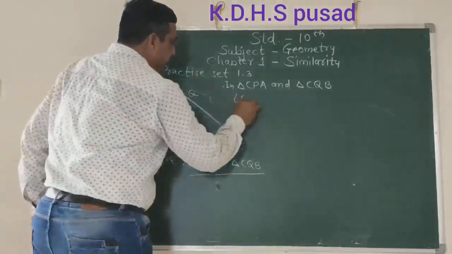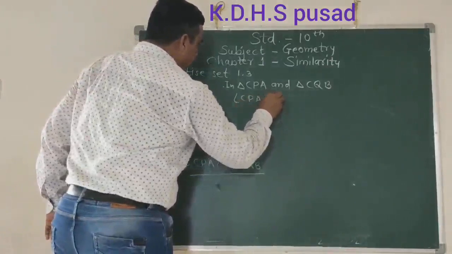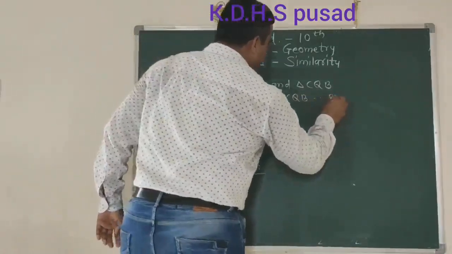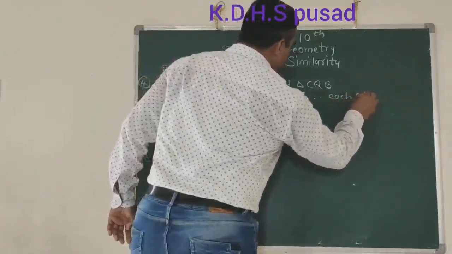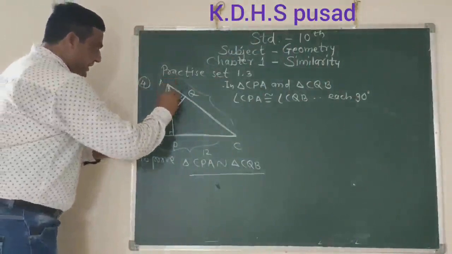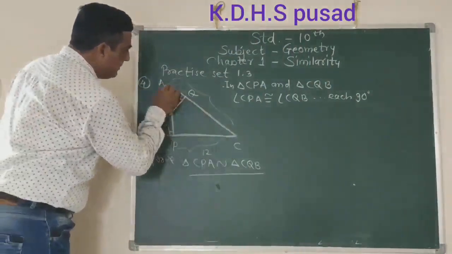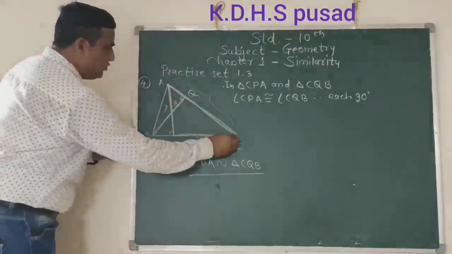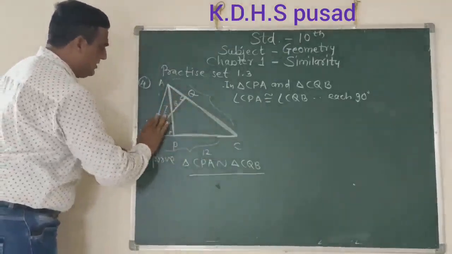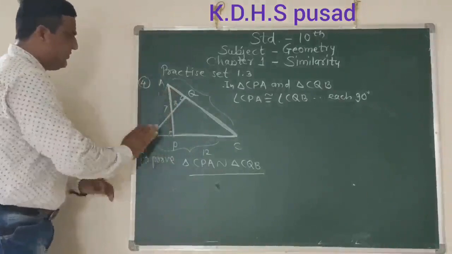So angle CPA is congruent to angle CQB, each 90. So one angle is congruent.